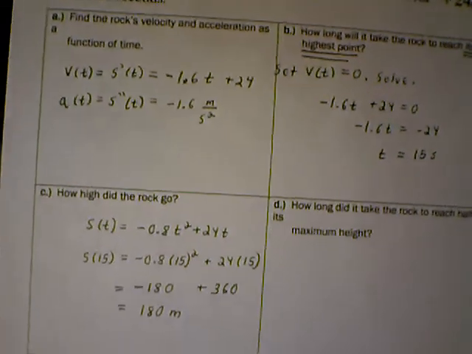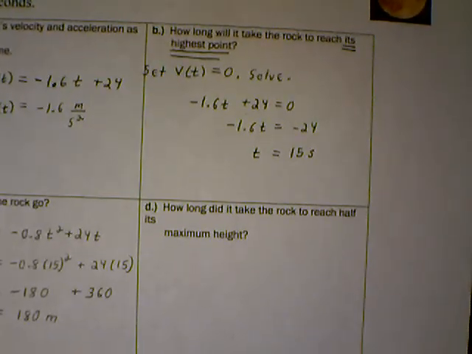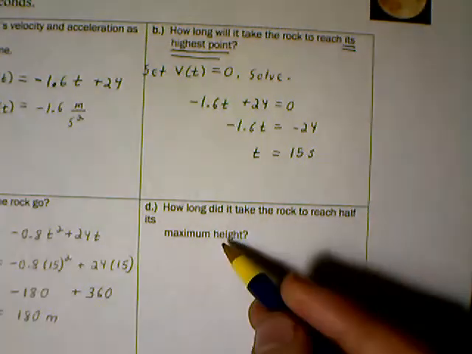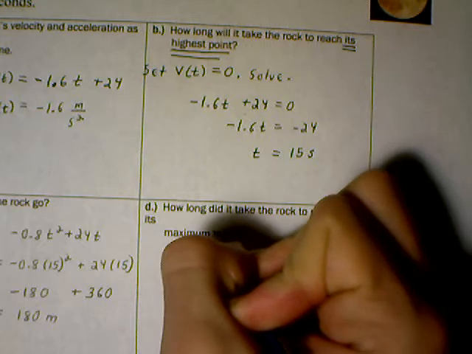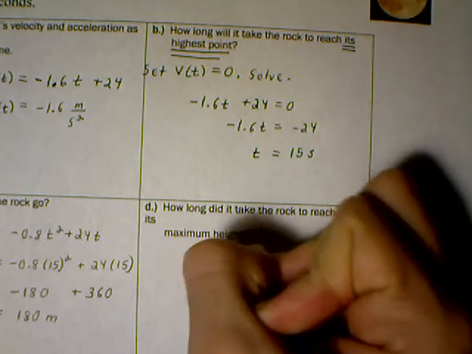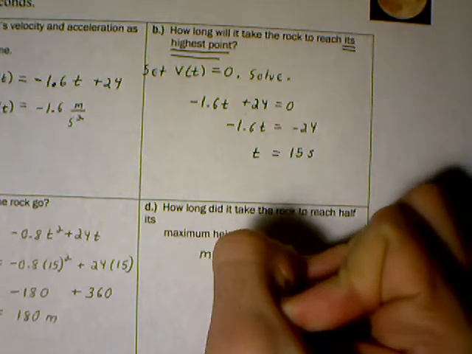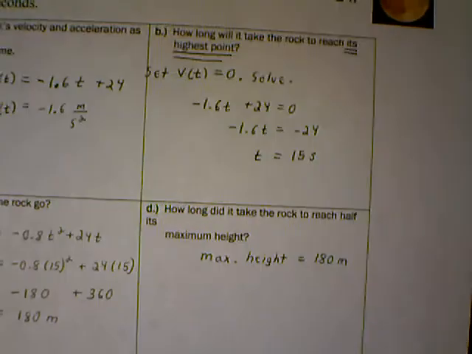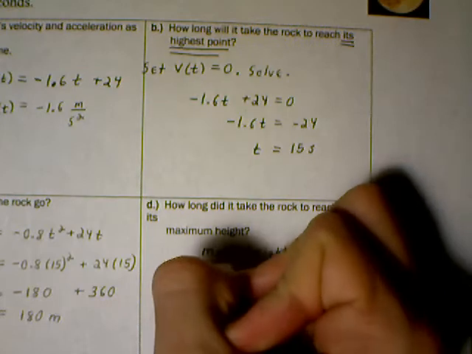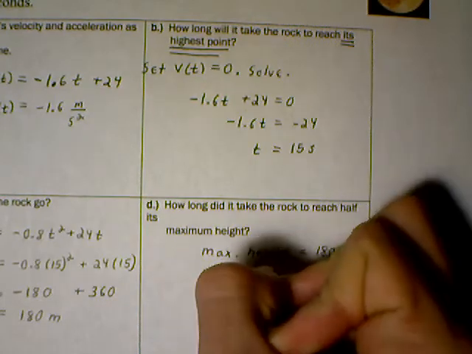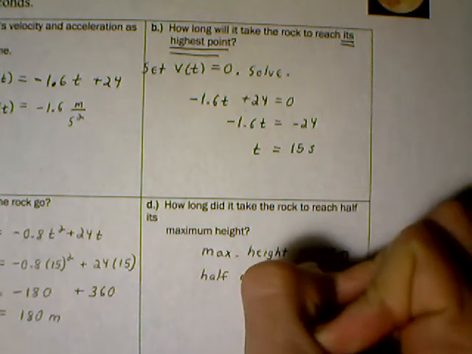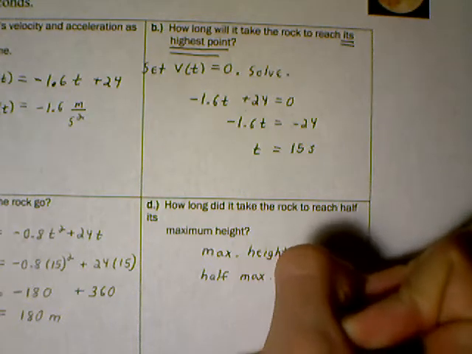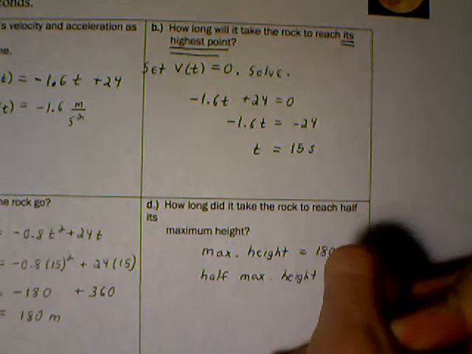Now, how long did it take the rock to reach half its maximum height? All right, well, the max height from part C is 180 meters. This means that half the max height is 90 meters.